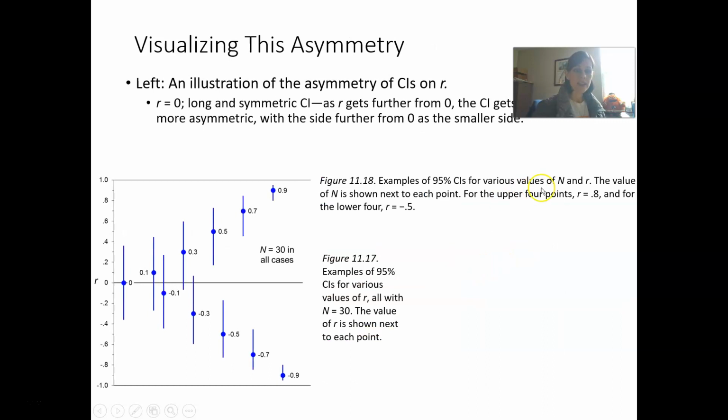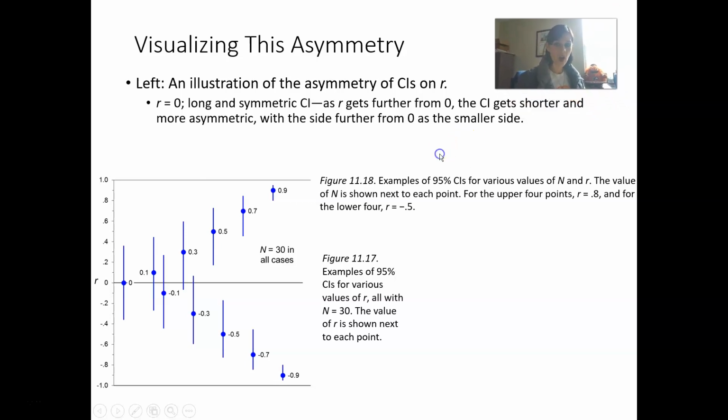So here's another way to visualize this asymmetry. What you're looking at here are different confidence intervals on R. So here we have basically an R of 0. Remember that this ranges from +1 to -1.